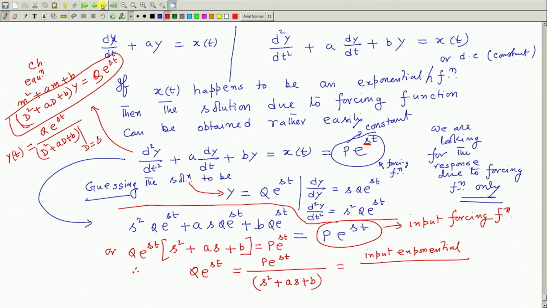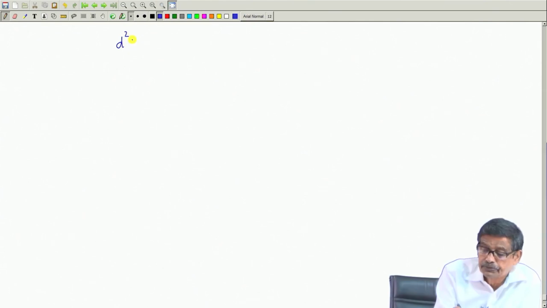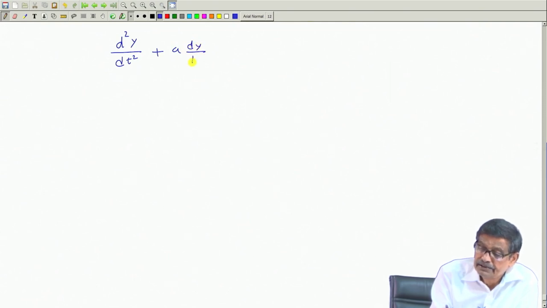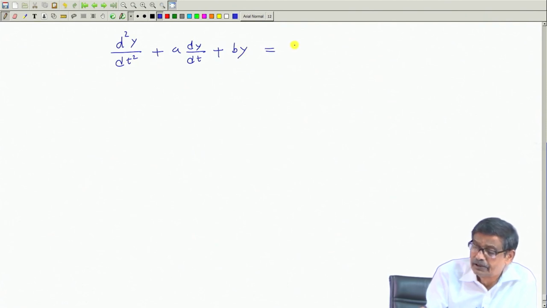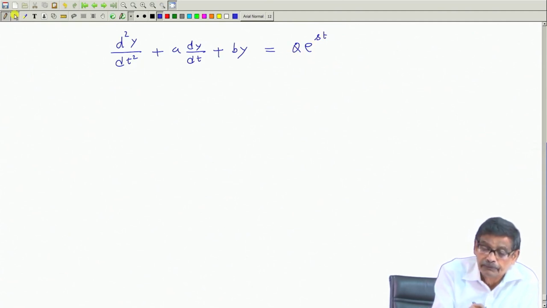To summarize, if you have a differential equation d 2 y dt 2 plus a dy dt plus b y is equal to, suppose, some p into e to the power s t.